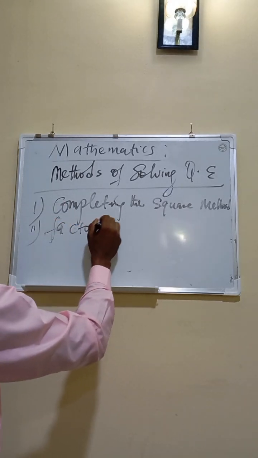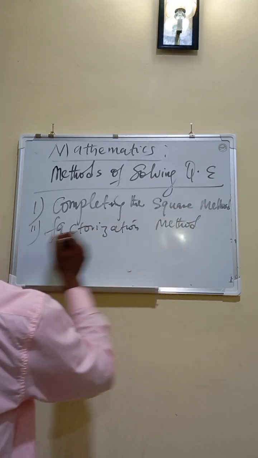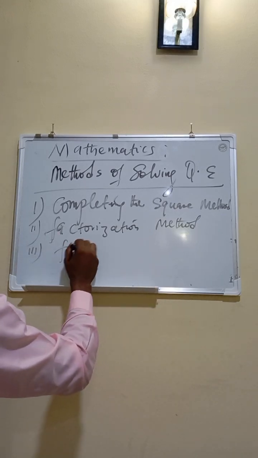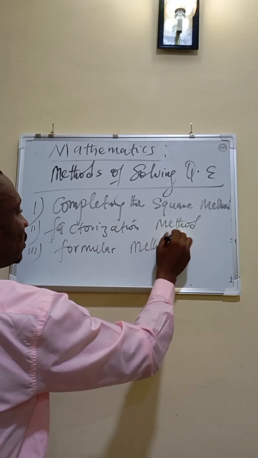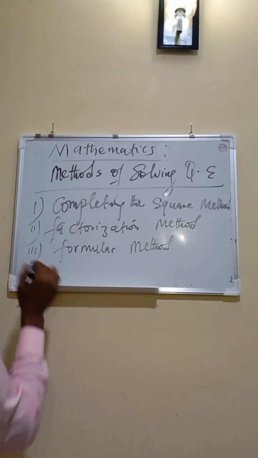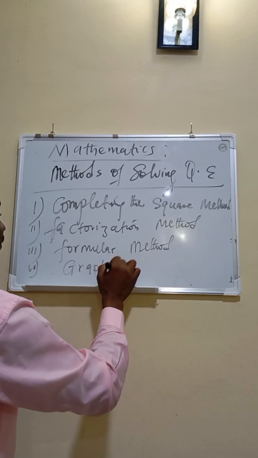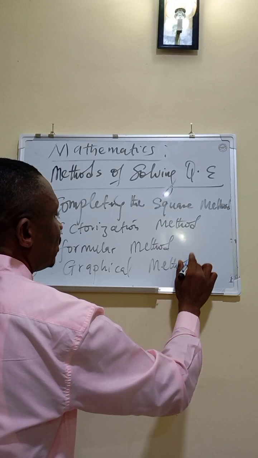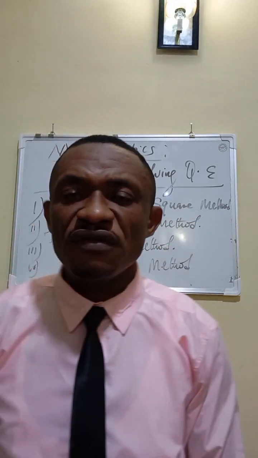Number 3, formula method, and the final one, which is what we call graphical method. So these are the 4 methods of solving quadratic equation.